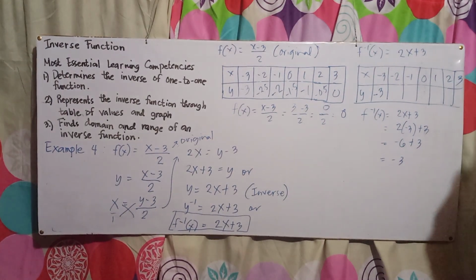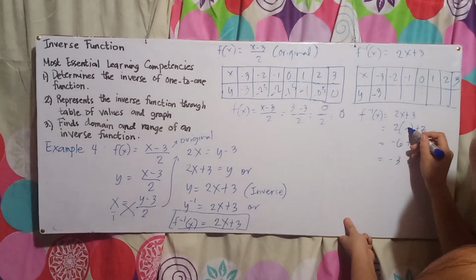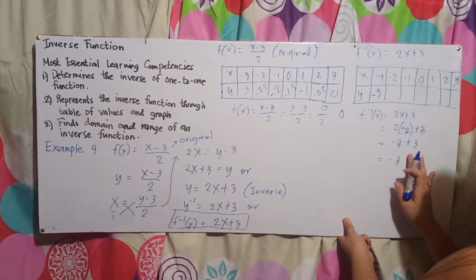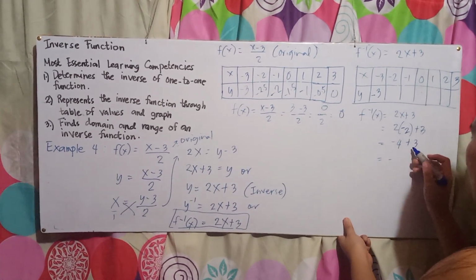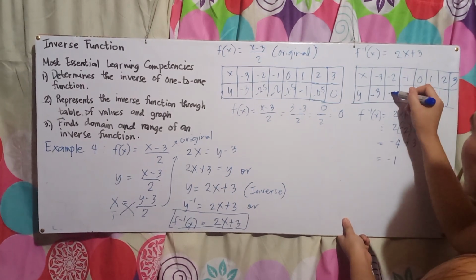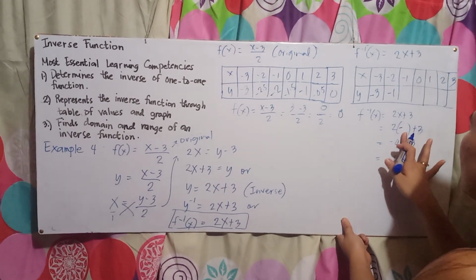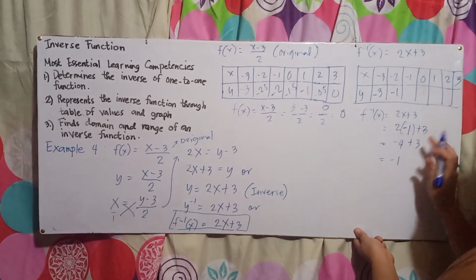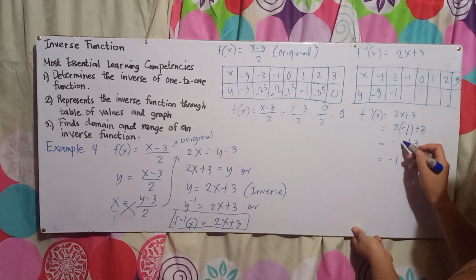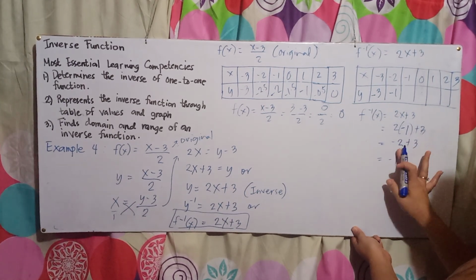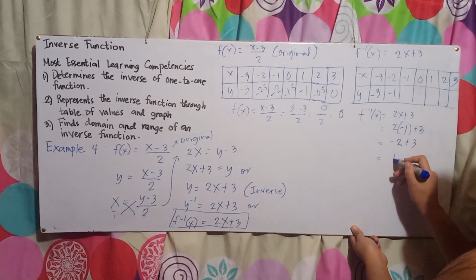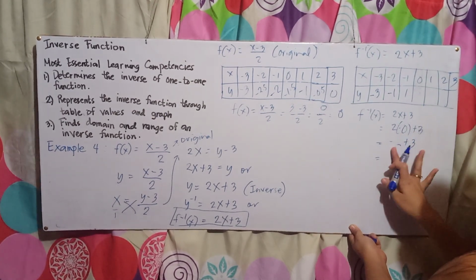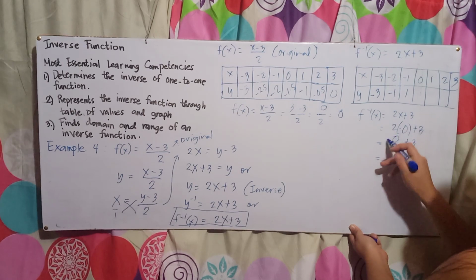Next, negative 2. 2 times negative 2 is negative 4, plus 3, negative 1. Next is negative 1. 2 times negative 1 is negative 2, plus 3, so positive 1. Next is 0. So, 0 plus 3.